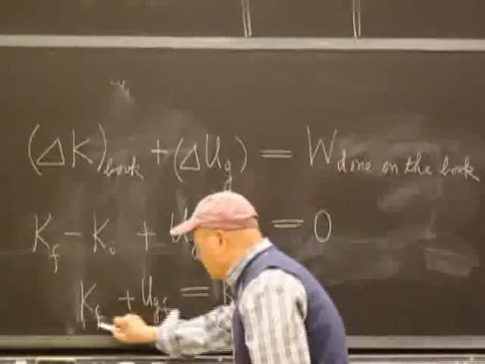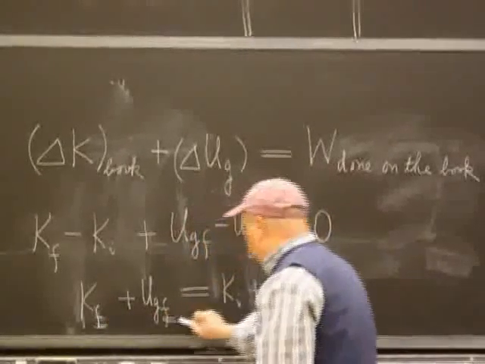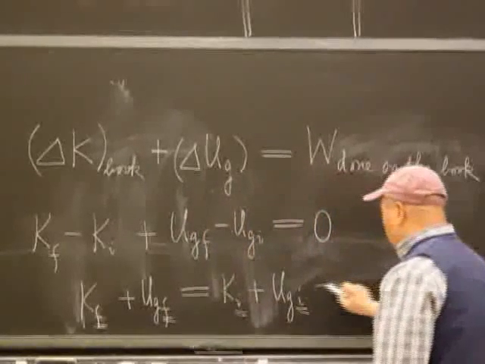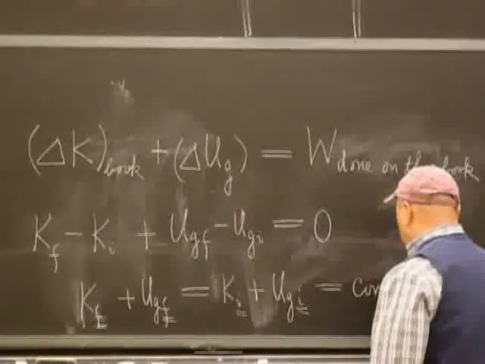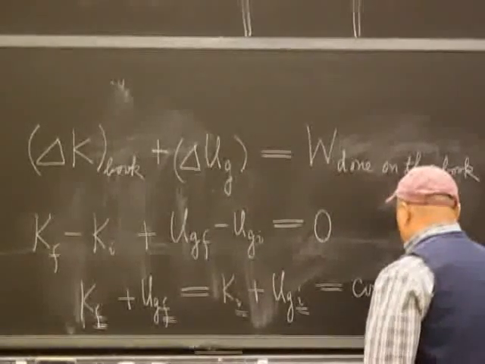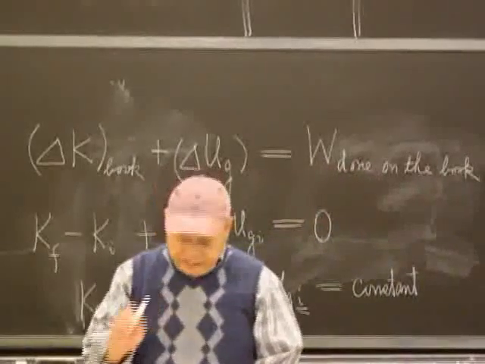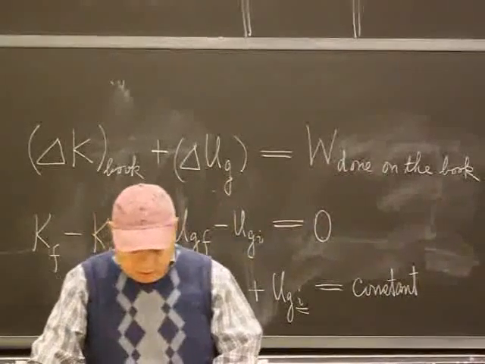So look at it. This is associated with final, and this is associated with initial. That's considered constant. This expression is very important for us.